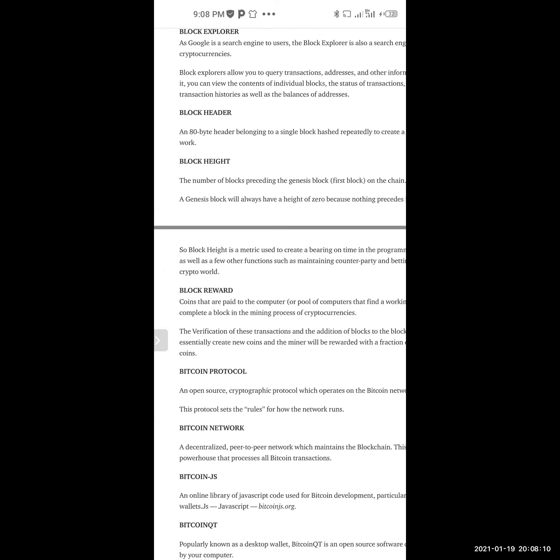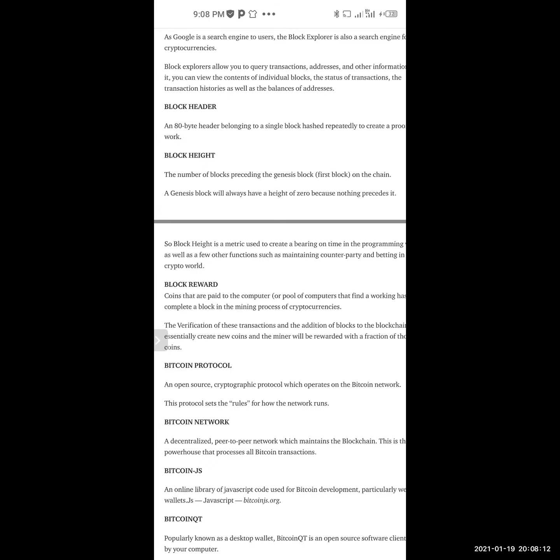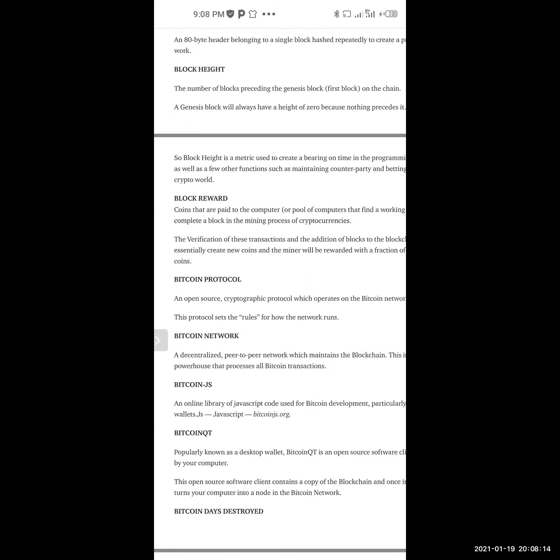A block reward is, take for example, you're mining Bitcoin. The miners now, new Bitcoins are generated through mining. So these miners now, how do they mine? It's not literal mining of trying to hit a dagger on a rock to generate something, because this is digital.